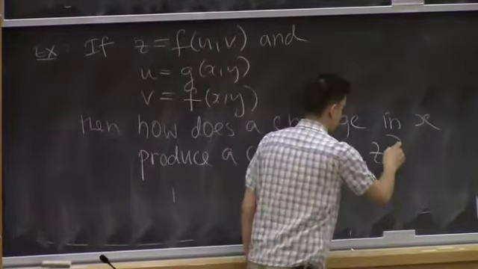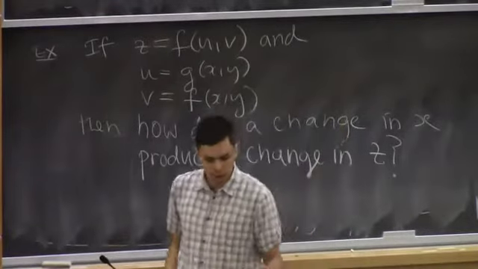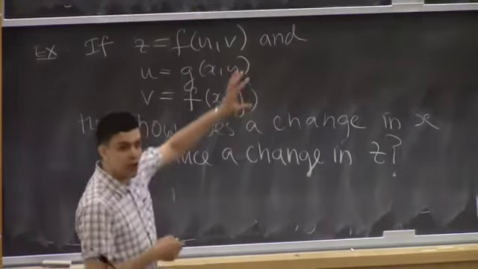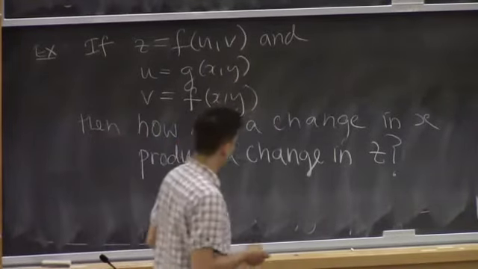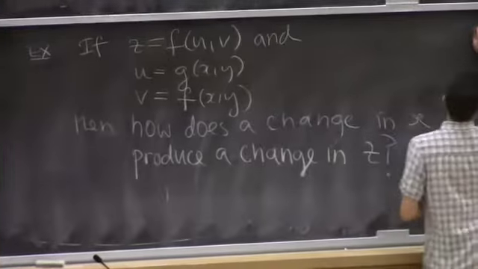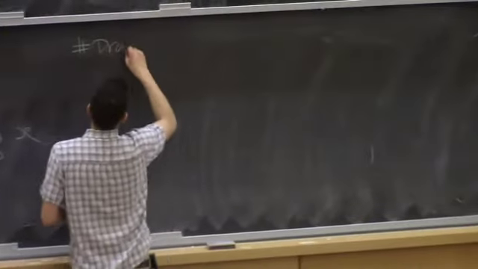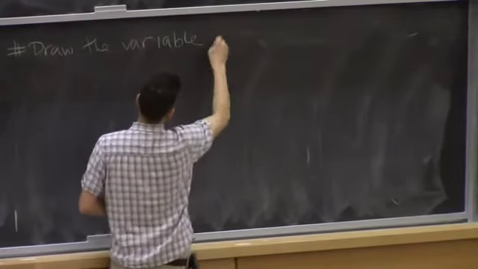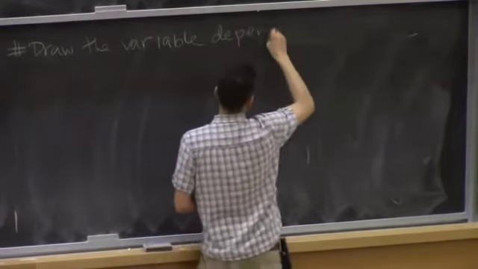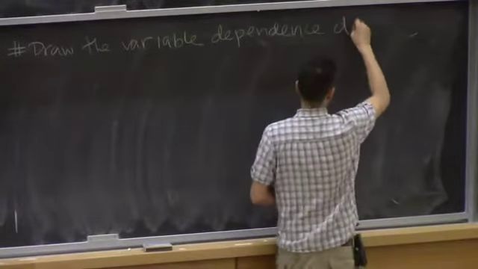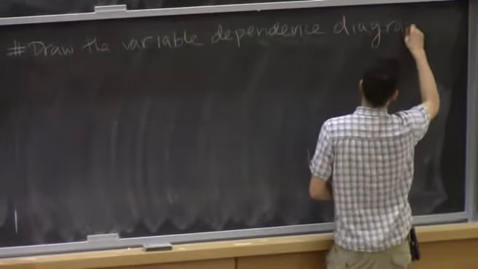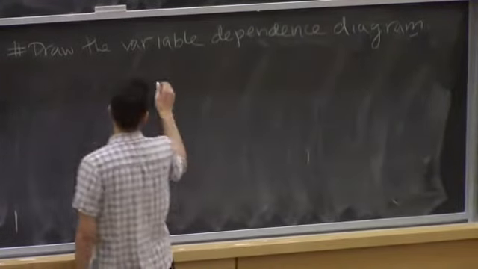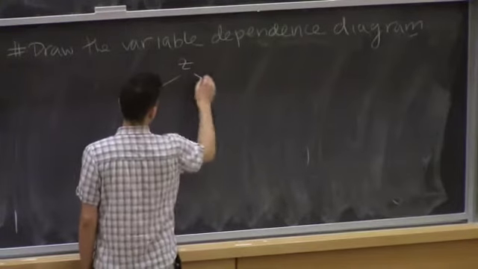So I want to follow up on this one-dimensional picture where we draw how all the variables are related. Okay, so here we've got our variable z.